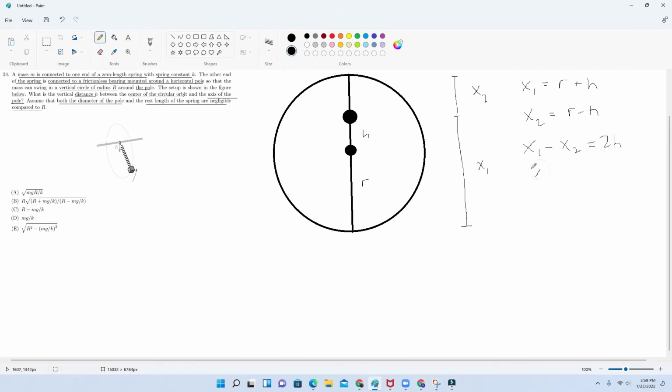So what we need to ultimately find is (x1 minus x2) divided by 2. And then that will give us our h value. So now we know what to look for, but now we need to obtain some method to get these values.